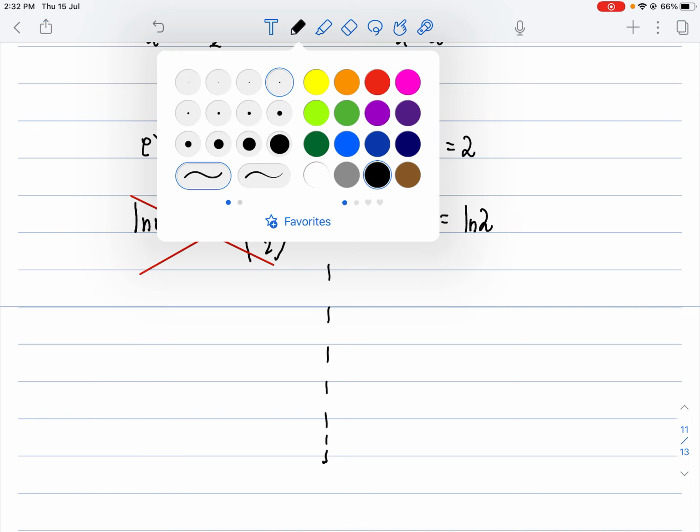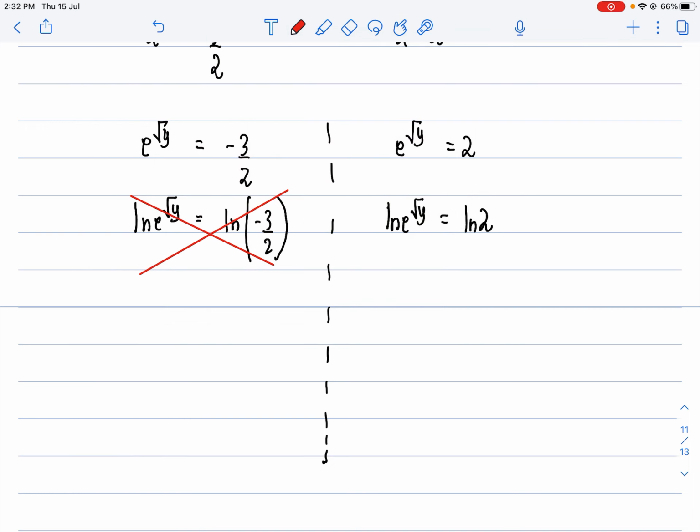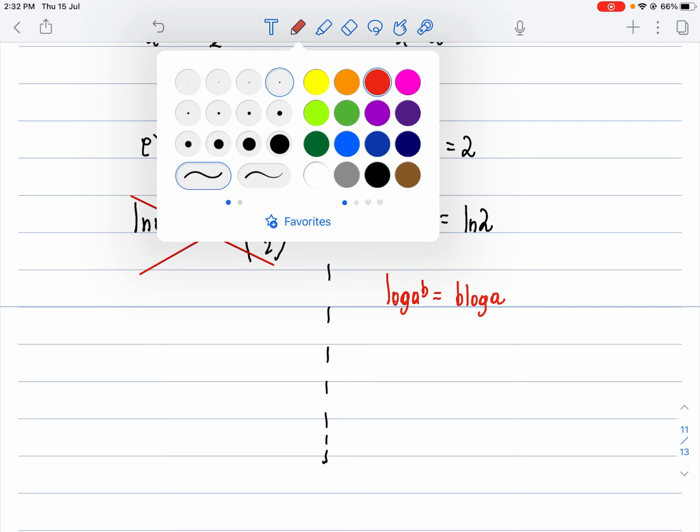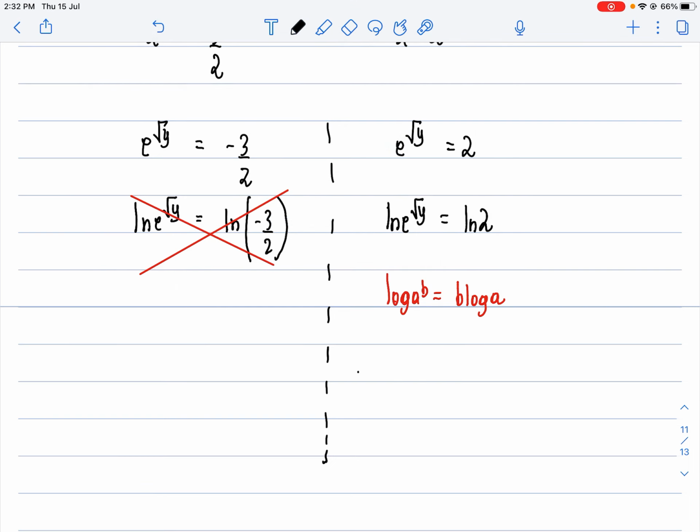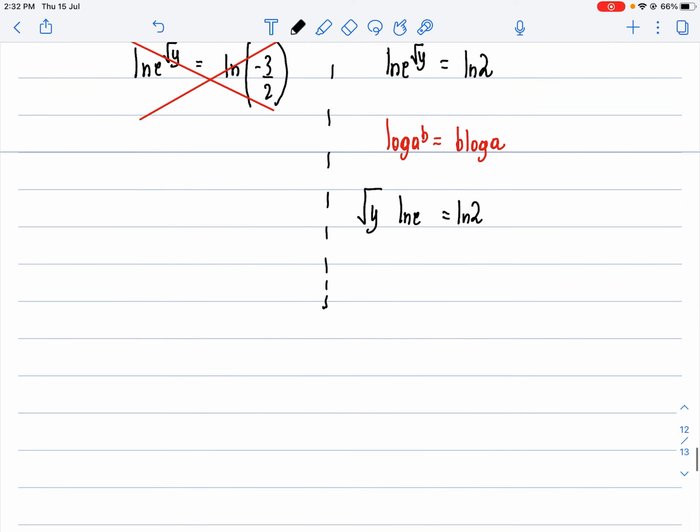Now you can use the property which states that log of a raised to b equals b log a. Correct? So I can simply write this as root y ln e equals ln 2. Correct? So I get my root y equals ln 2, as I know ln e is 1.